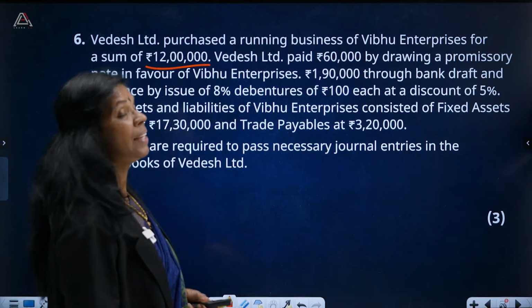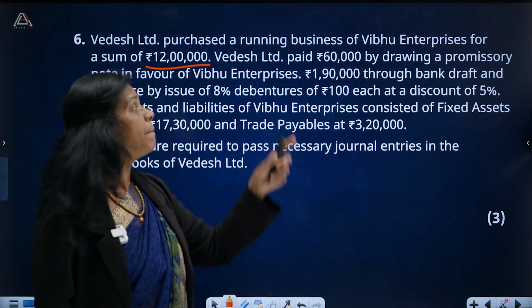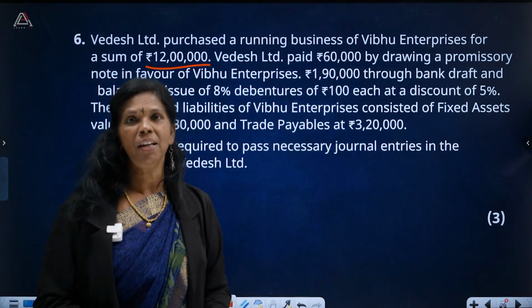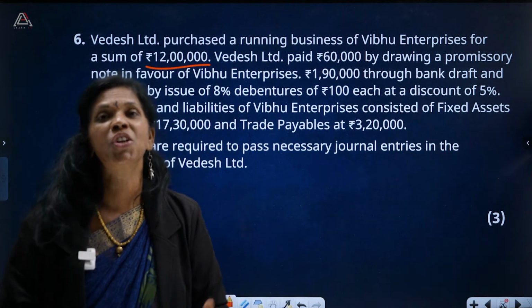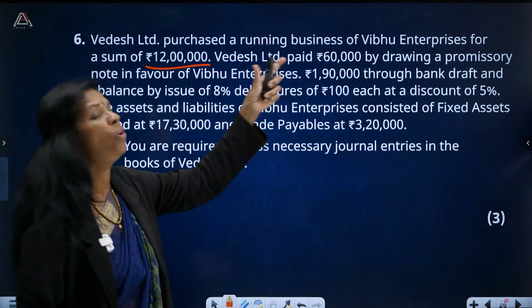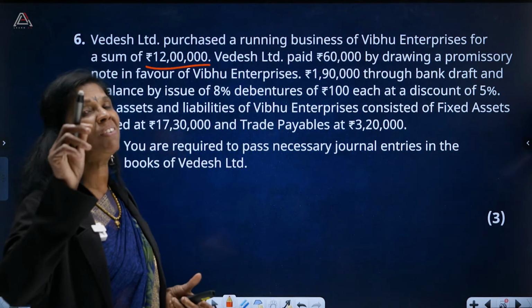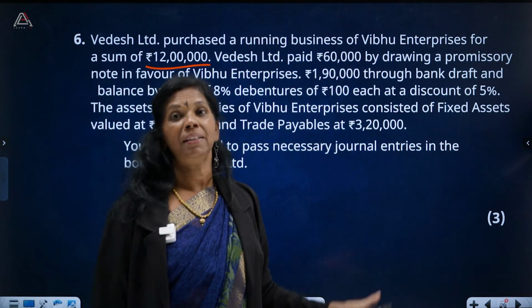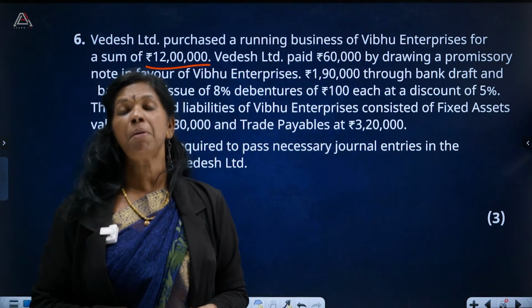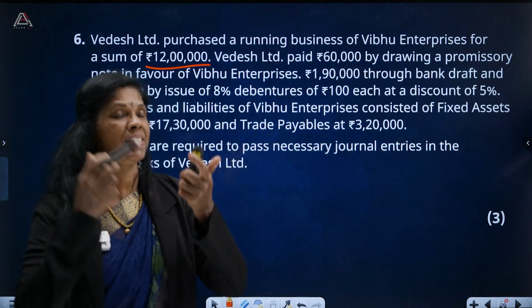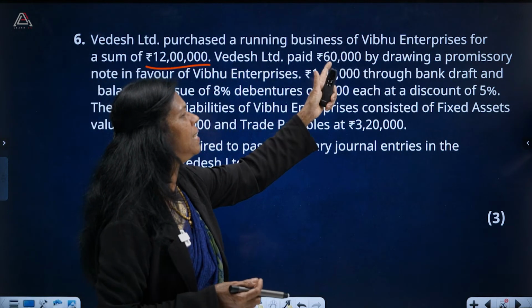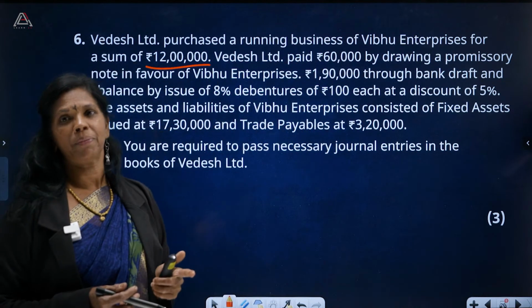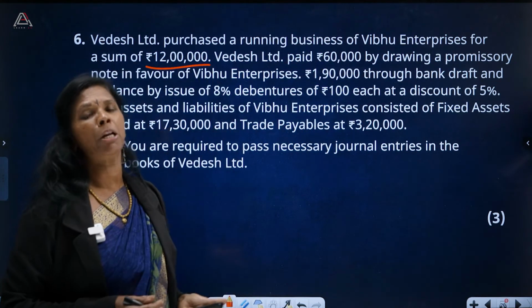So, Videsh purchased the business of Vibhu. Then as a consideration, Videsh will pay how much? 12 lakh rupees to Vibhu. Okay, have you understood the first sentence? Then Videsh Limited paid. How did he make the payment? He made payment in different ways. Videsh Limited paid rupees 60,000 by drawing a promissory note in favor of Vibhu Enterprises.